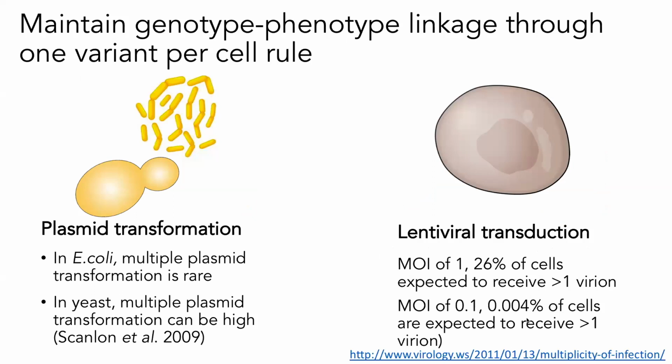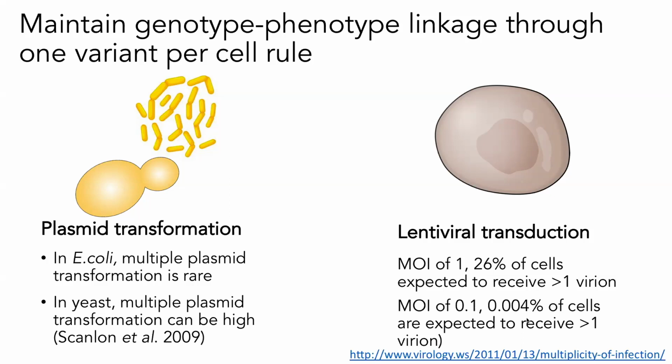Kind of related is this fundamental rule in deep mutational scans where, in order to get that genotype-phenotype linkage, you need to maintain this 1 variant per cell rule. And this can range from being pretty straightforward to being pretty tricky. So for example, in yeast and bacteria, a common way to get your library into cells is through plasmid transformation.